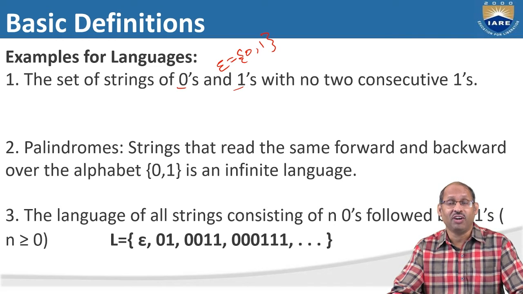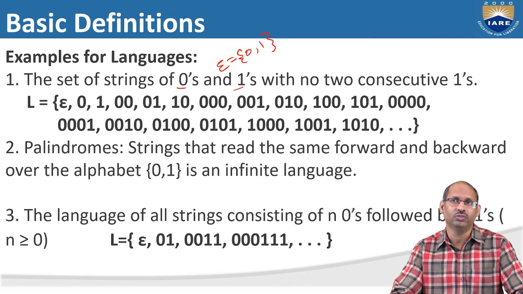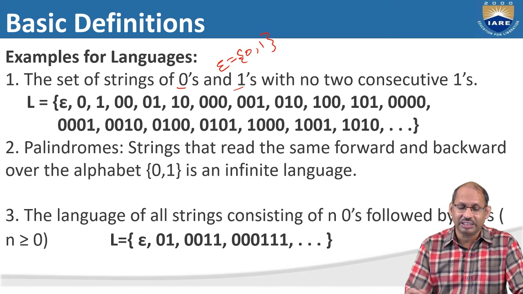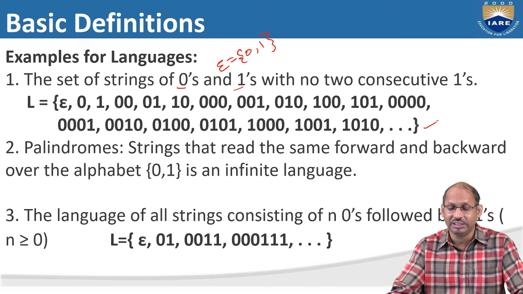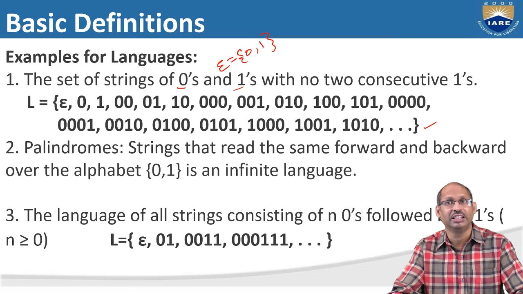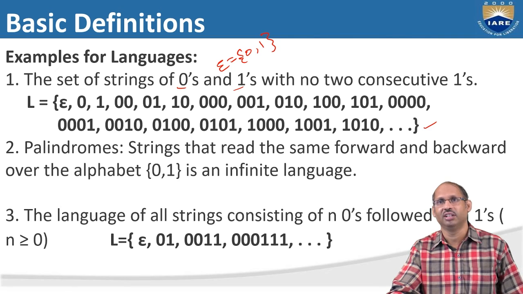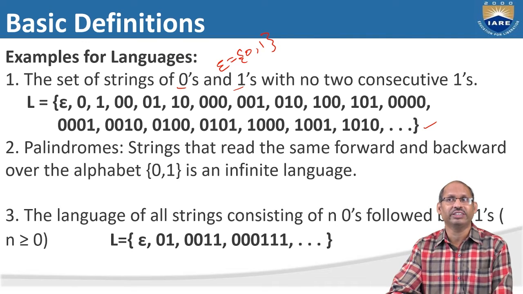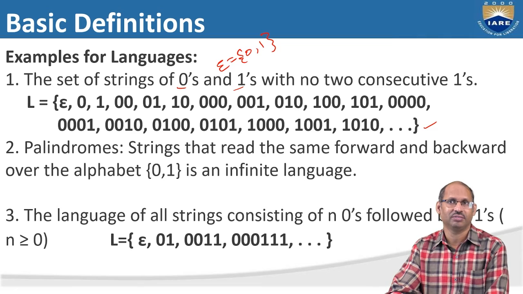Then, what is the language? It is a set of strings with no two consecutive ones. So this is an infinite language. It has all the strings which don't contain two consecutive ones.